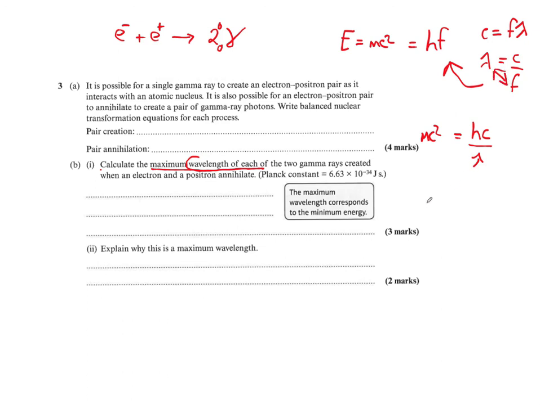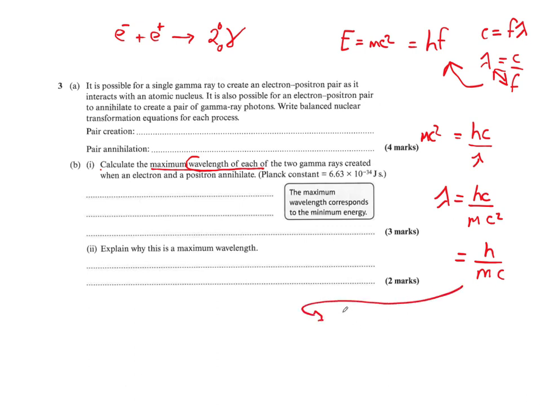I need to find the wavelength, so I rearrange this, and I now get the wavelength equals hc over mc squared, which simplifies a bit further to h over mc.